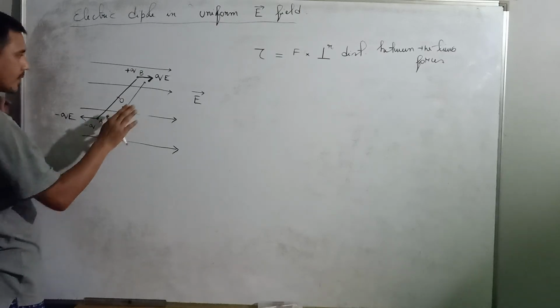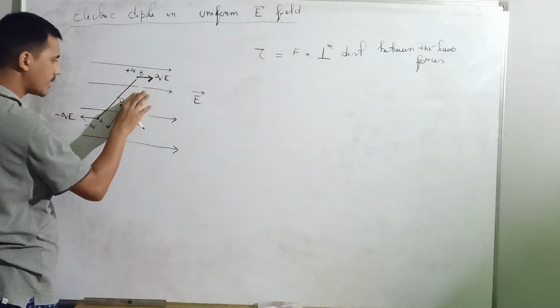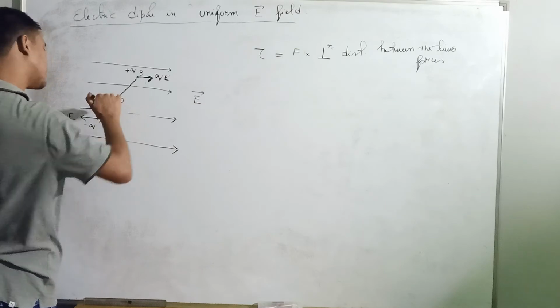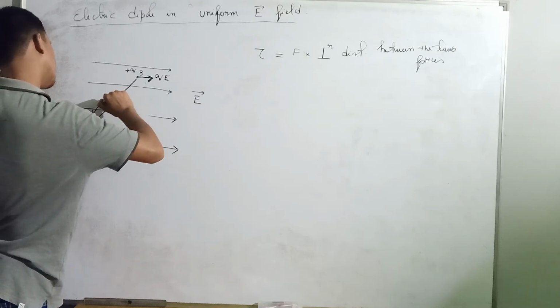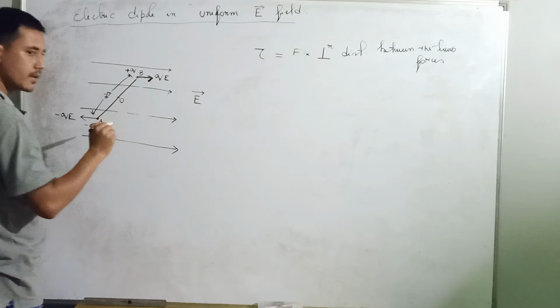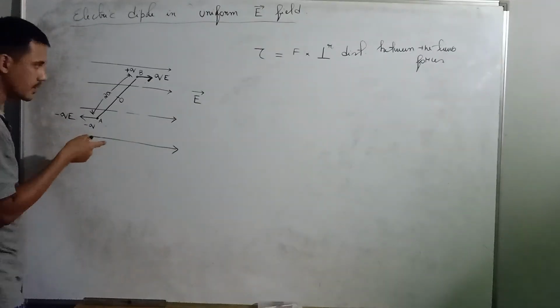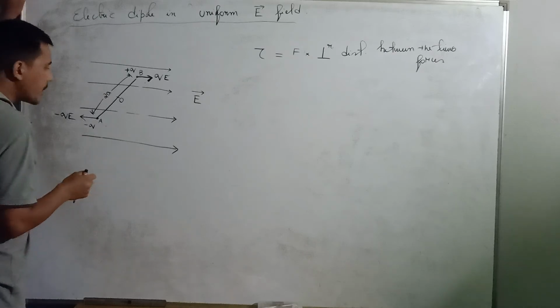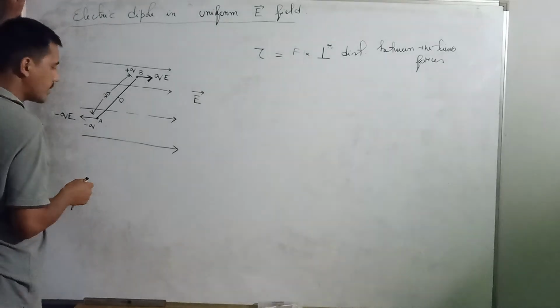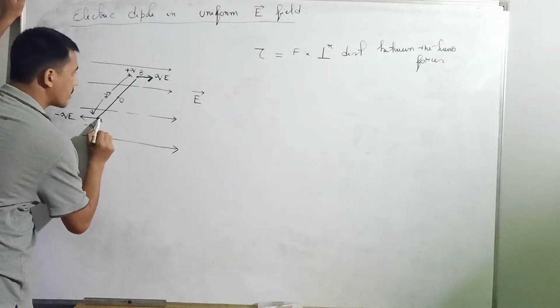The length of the dipole, shall we write over here? The length of the dipole is 2A. So this length 2A cannot be the perpendicular distance, right? Then how will you construct the perpendicular distance?